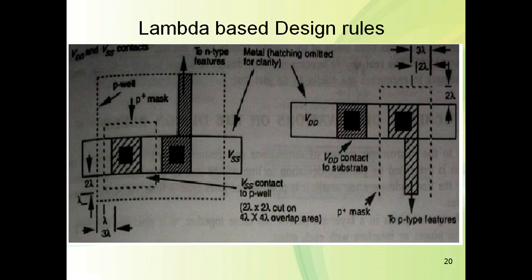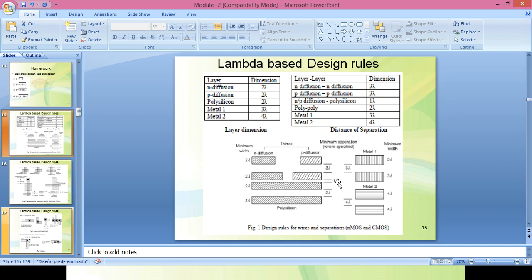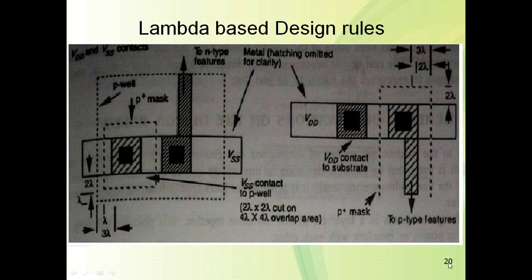The same design rules are used for the CMOS design process. The CMOS fabrication process is more complex than the NMOS fabrication process. The same rules of NMOS are used here, and some more rules for the CMOS P-well process are shown in this diagram.